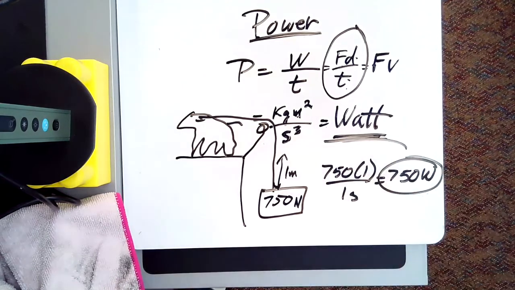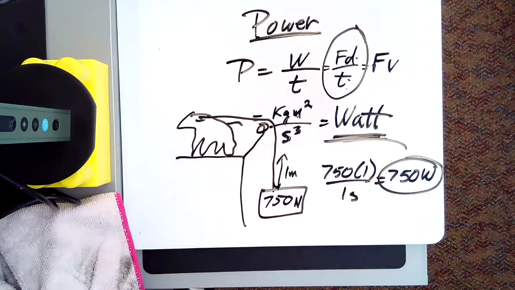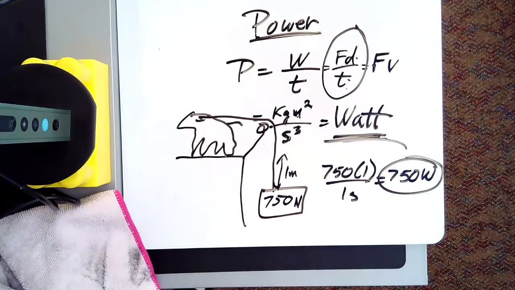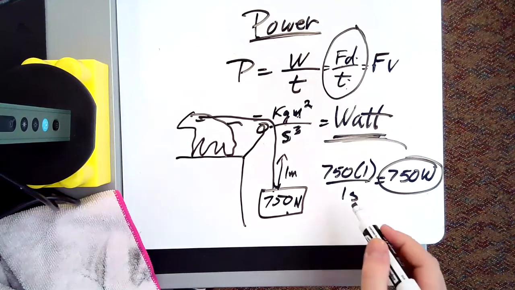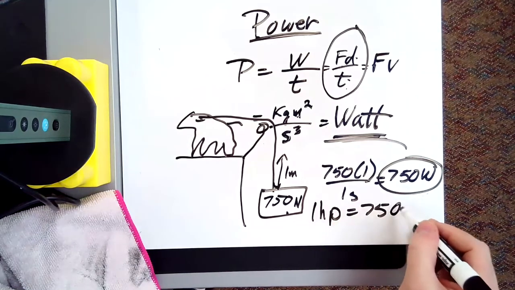That's an average horse. It was a tragic thing. There were some below average horses, and they just got pulled off the cliff and died. It was okay, but eventually they figured out the average horse can do 750 newtons 1 meter in 1 second. So 1 horsepower is 750 watts.